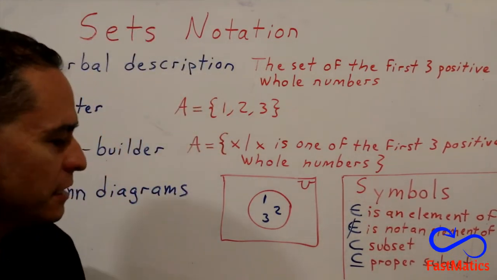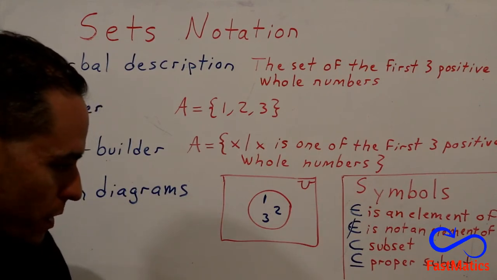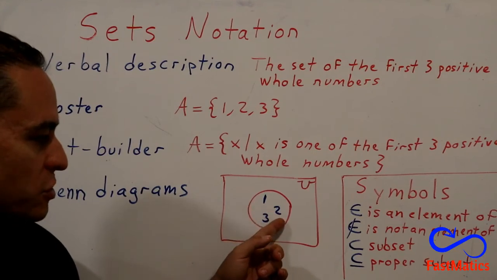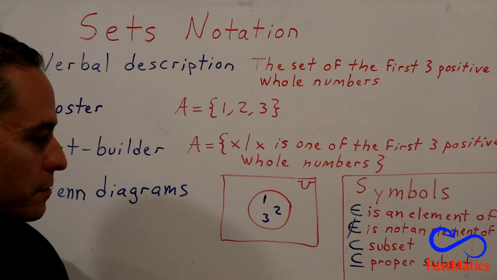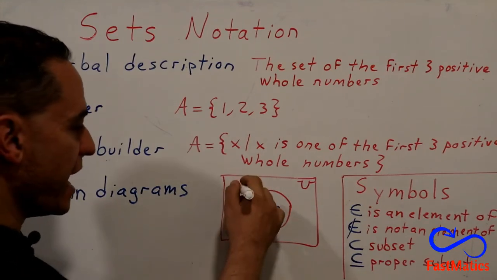What's that? For instance, the numbers 1 and 2 are elements that are in the A set.